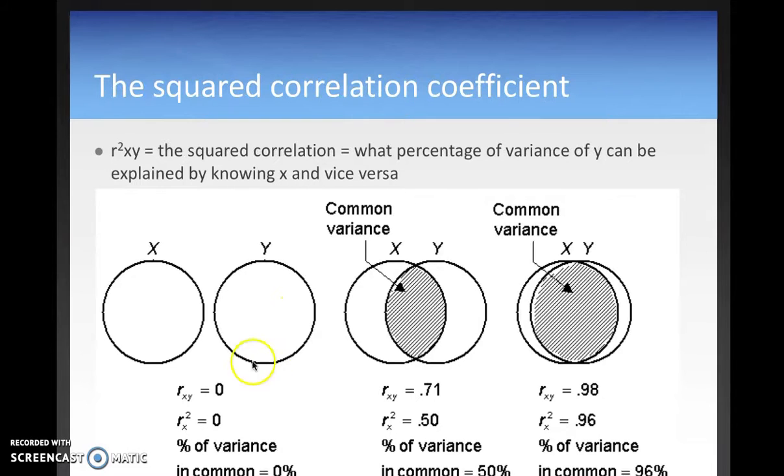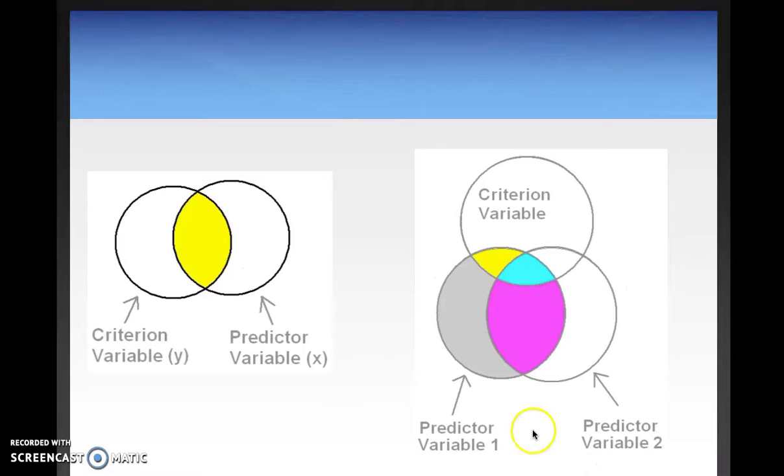So the r squared now, if you remember right, was basically the squared correlation between two variables, right? If we predicted y with x, the common variance was our r squared, the variance that they had in common. Now we have not just two variables, but we have one criterion variable, so one outcome variable, and we might have two predictor variables.